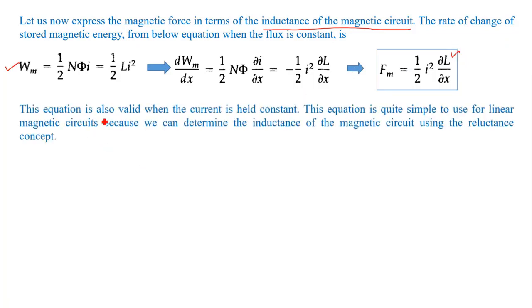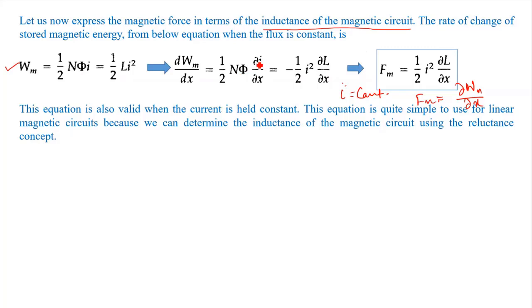Okay. So this equation is also valid when the current is held constant. You can also derive the same expression taking current as constant. When current is constant, the expression for Fm is what? It is dWm upon dx, right? So there is no minus sign. So keep current constant and vary flux, right?